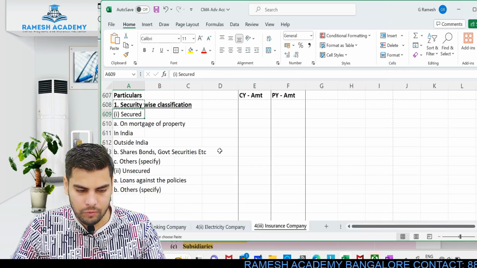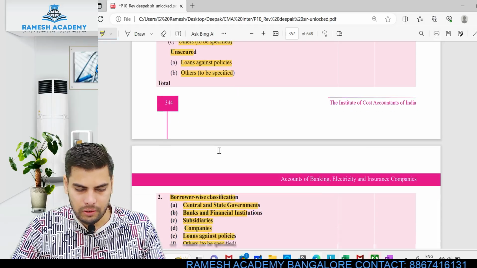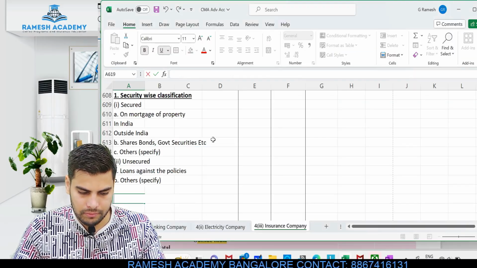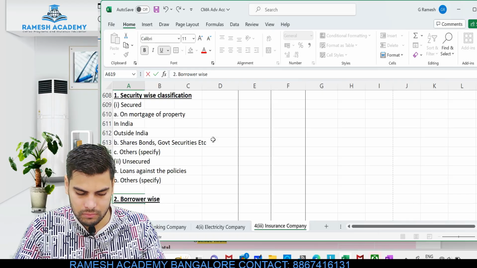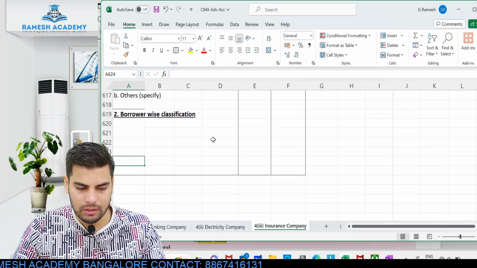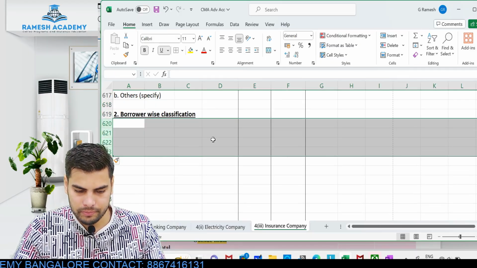Then the second thing would be what? On the basis of the lender. Look at this, borrower wise classification. So here I'll be making the classification as per the borrower, that is from whom all I have borrowed the amount.